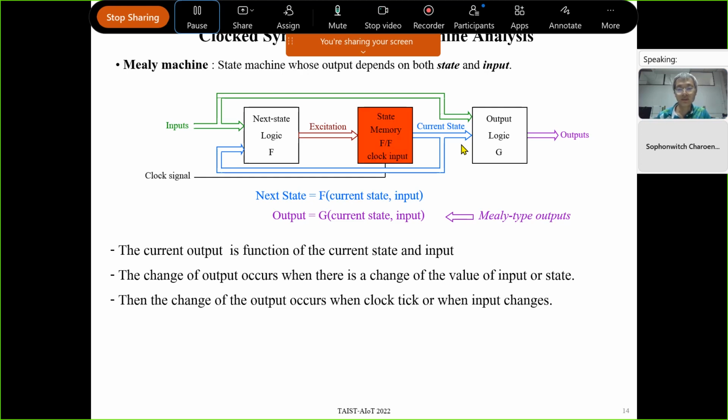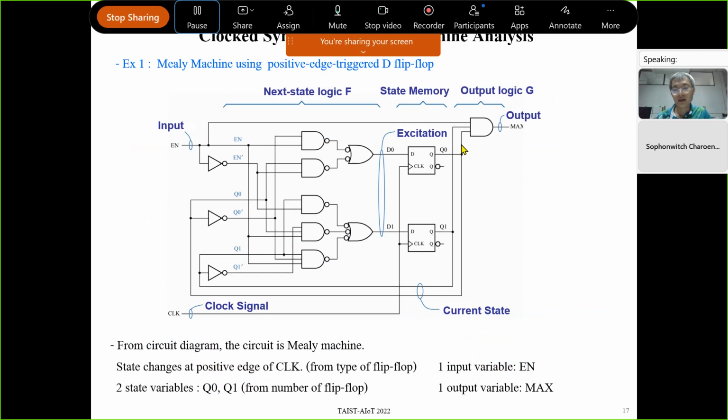Okay, let's see example number 1. For this state machine, there are two flip-flops which use the same clock, so they are synchronized together.